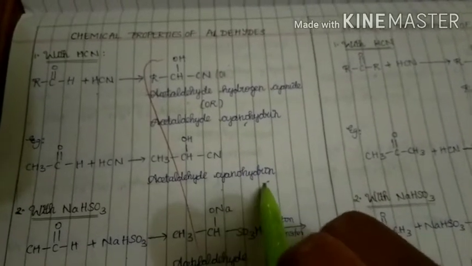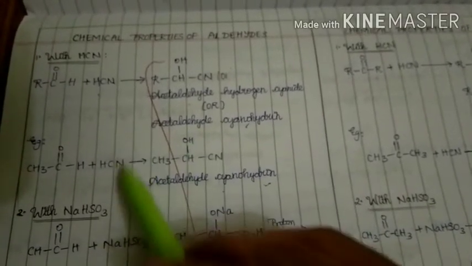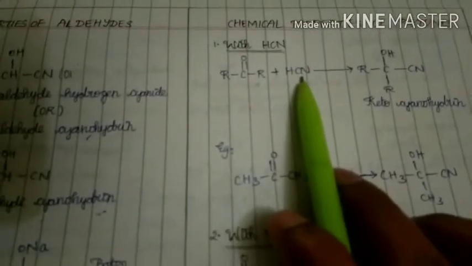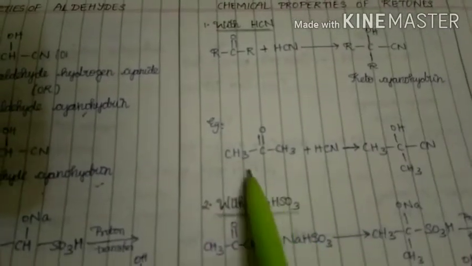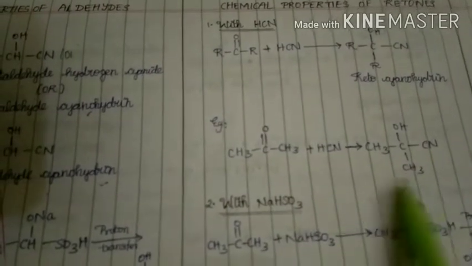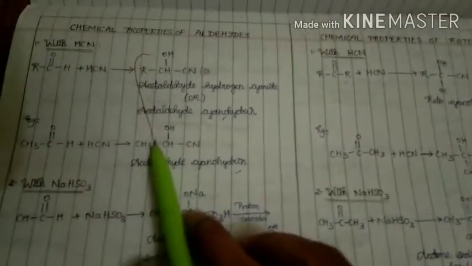In the case of ketones also, the same phenomenon takes place. See, in the ketone, hydrogen comes to oxygen and the cyanide part comes to carbon. Finally we get ketone cyanohydrin. If you put two CH3s instead of two alkyl groups, then it will be acetone, and we get acetone cyanohydrin. So that is about the chemical property with HCN.